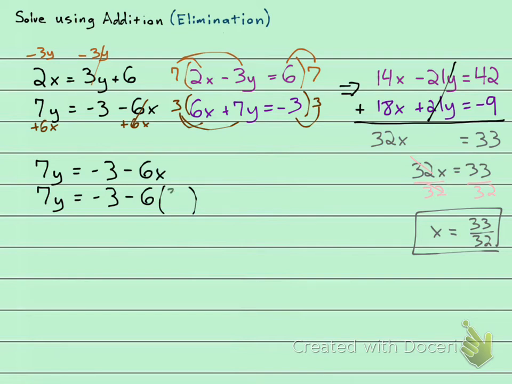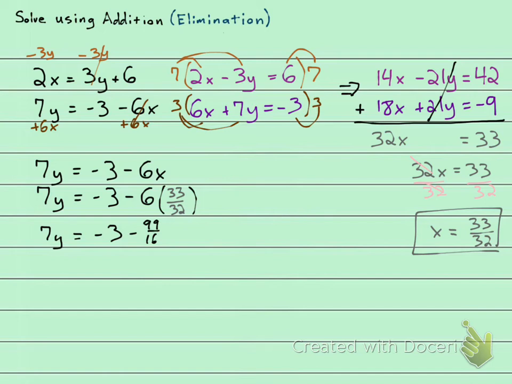Now I have 7y equals negative 3, and let me see what 6 times 33 over 32 is. I'm going to get my calculator. 6 times 33 over 32 equals 99 over 16. You may have it as a mixed number, 6 and 3/16, that's fine.